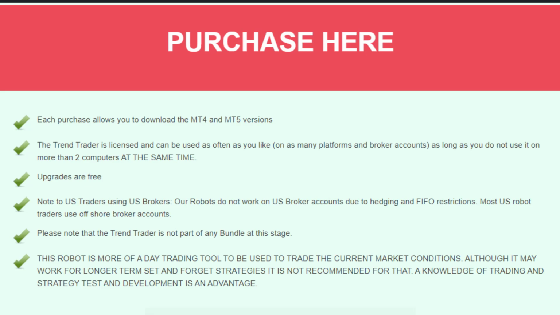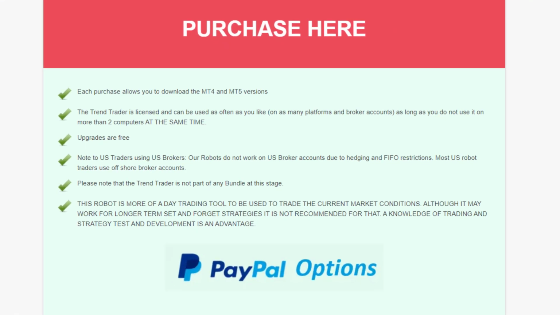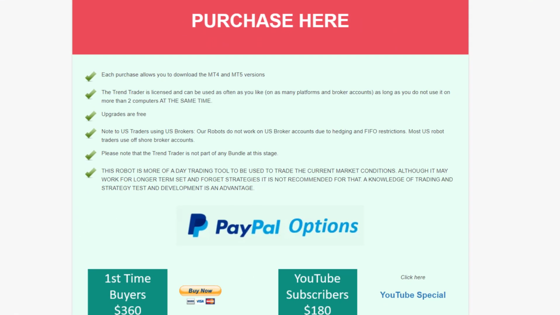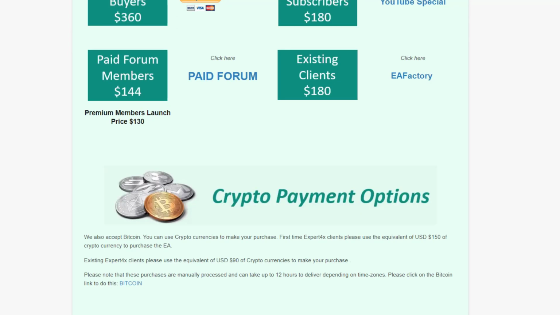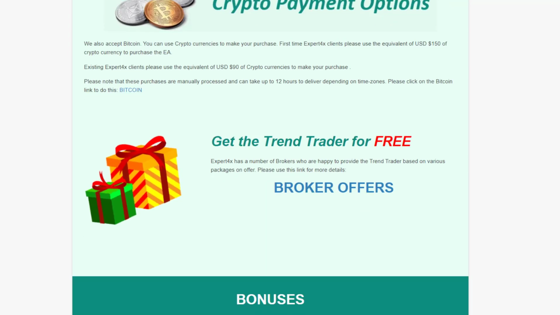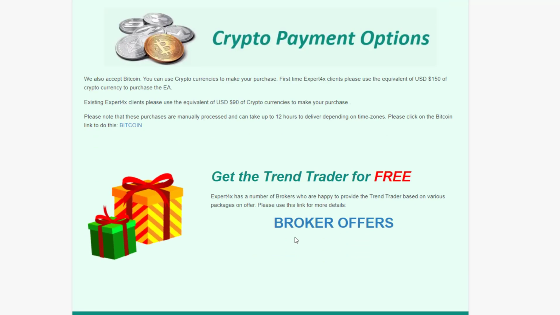Also, if you have some trading experience and you know how to read the transactions on the charts, it will be a good advantage. Okay, so the payment options are PayPal, crypto, and you can in fact get the EAs free by making use of our broker offers.